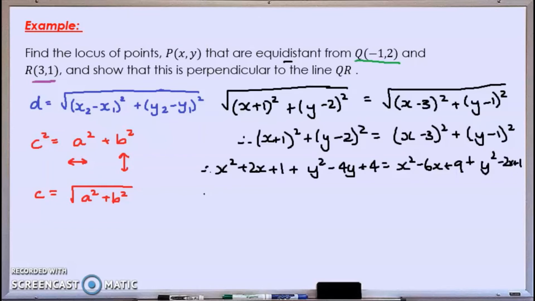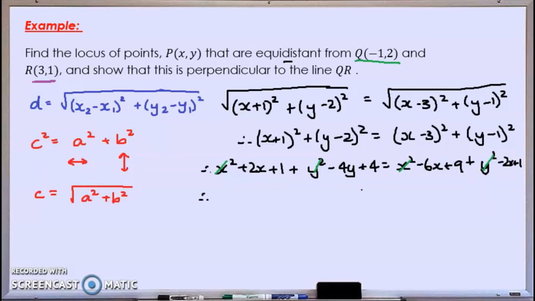And now let's start collecting some like terms and start simplifying. You'll notice here I have an x squared on the left and the right hand side, so I can get rid of them. And I also have a y squared on the left and the right hand side. So now we know this relationship is going to be linear because we don't have any squared terms anymore.